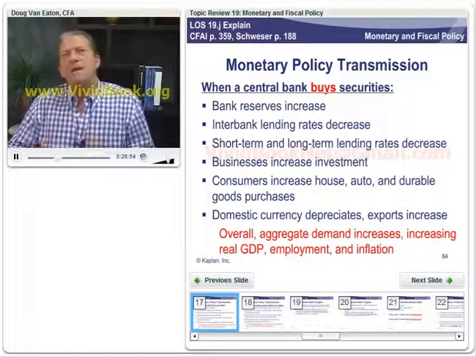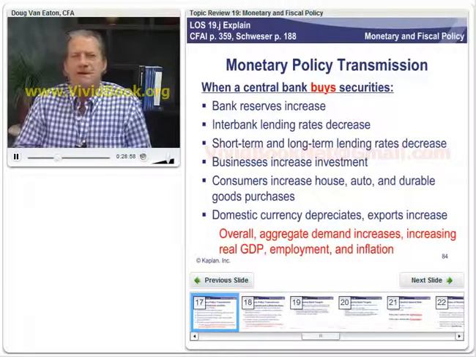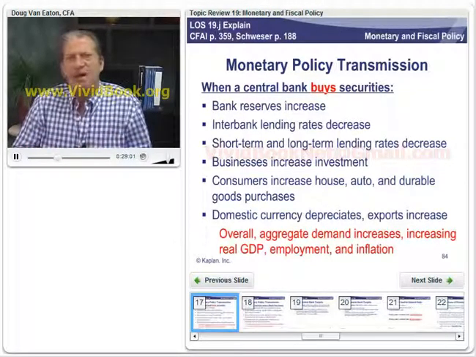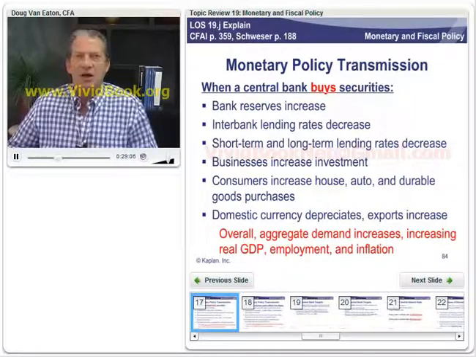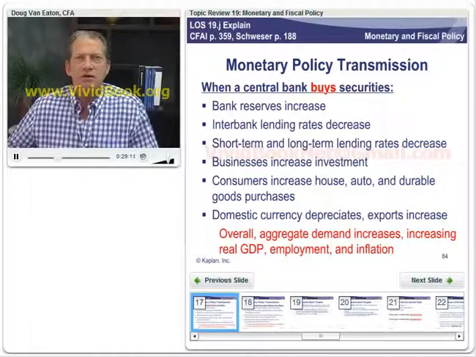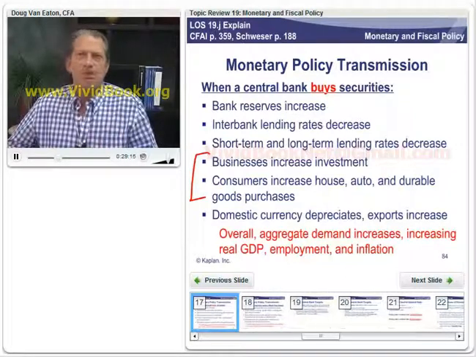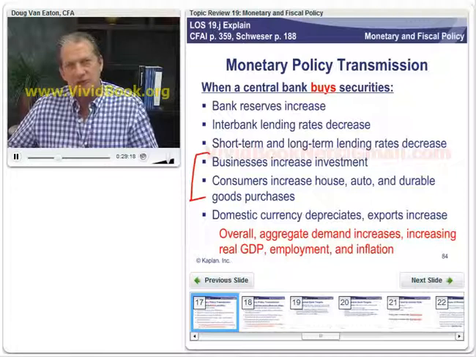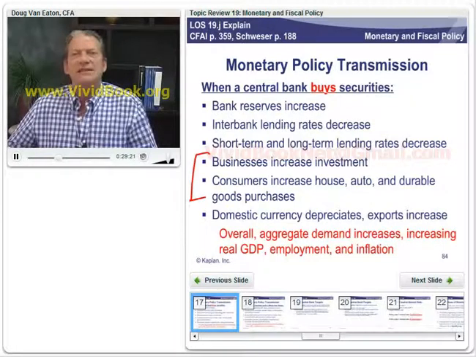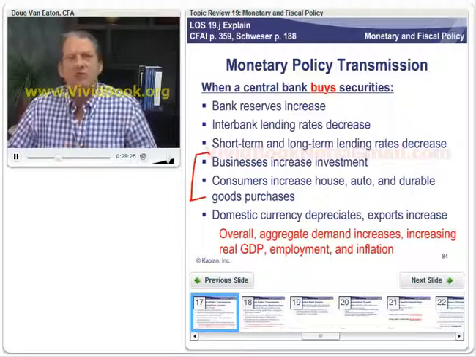So before, in an earlier session, we talked about, well, gee, if you expand the money supply, interest rates go down, C goes up, consumer expenditures, and I goes up, business investment goes up. Well, that's these two pieces right here. That's how a decrease in interest rates from an increase in the money supply can stimulate the economy. And remember, we said we would shift out aggregate demand, increase aggregate demand.